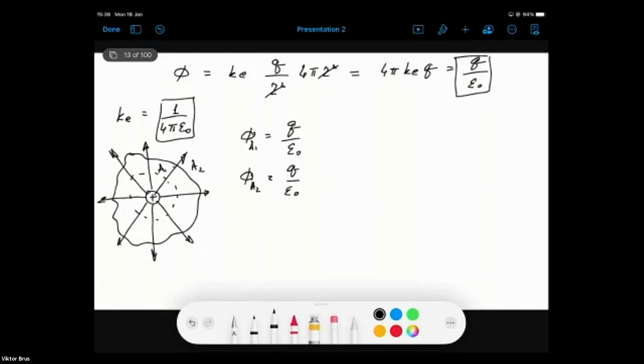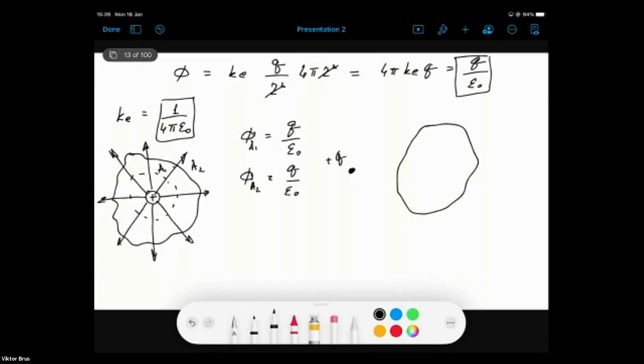So now we need to consider another case, because so far we considered only charges which are inside these closed surfaces. But what will happen if we have some charge Q, let's say a positive charge, outside a closed surface?